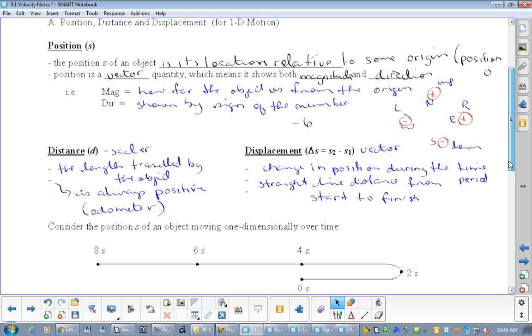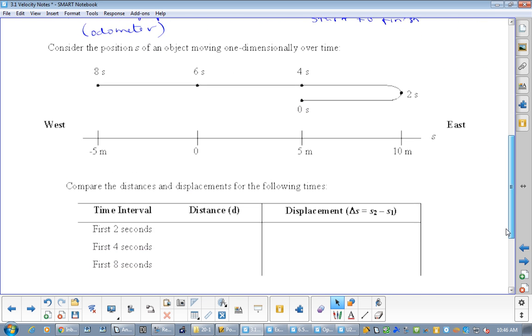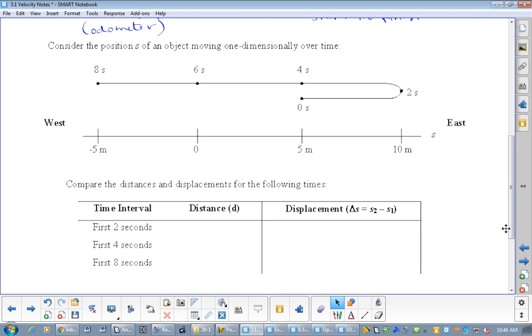Now let's look at this graph here. This is a one-dimensional graph. At 0 seconds, I'm at this spot right here. This is where I start.